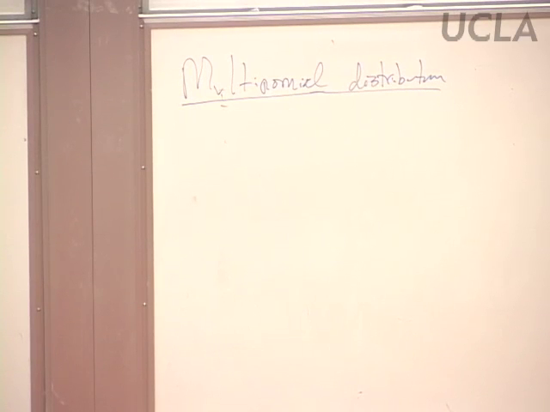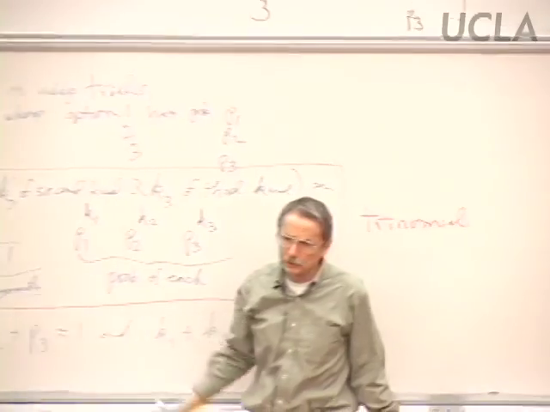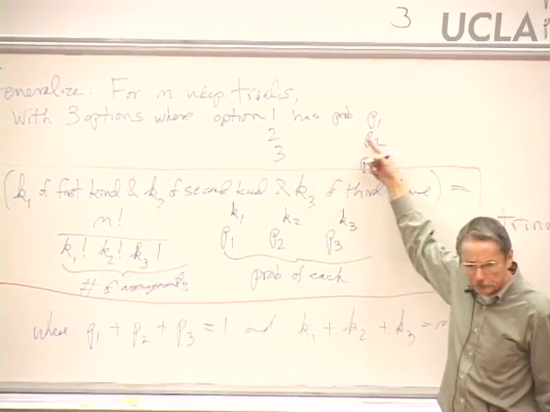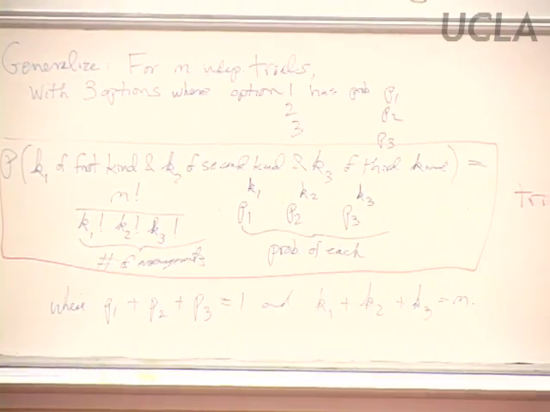Where we have n independent trials and some number of options with their probabilities that add up to 1.